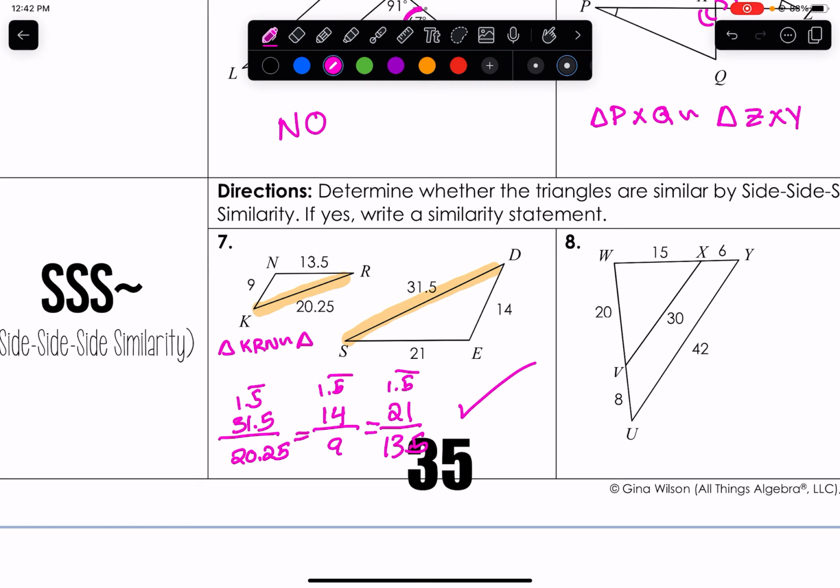I'm just trying to make sure that I label it correctly. So hold on. If I was going to redraw this, that would be R, K, N. So it will be D, S, E.